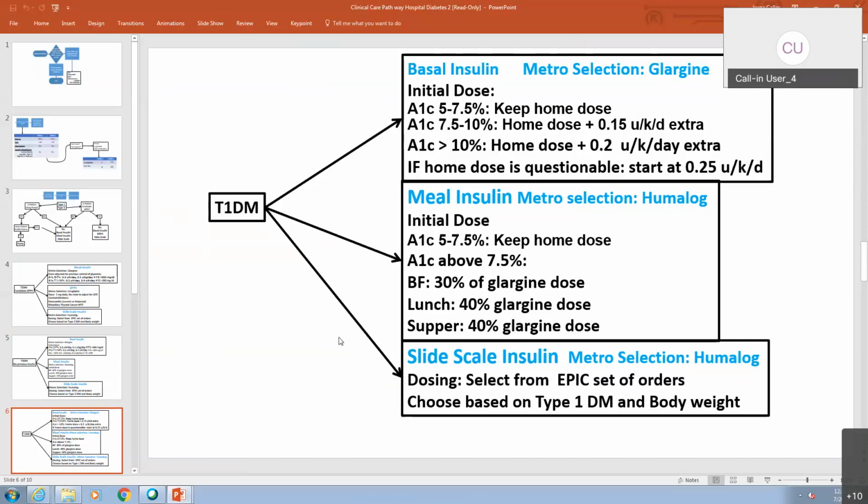Seriously. Okay, so anyhow, sliding scale insulin. What the heck is a sliding scale? So let's say a patient has hyperglycemia.